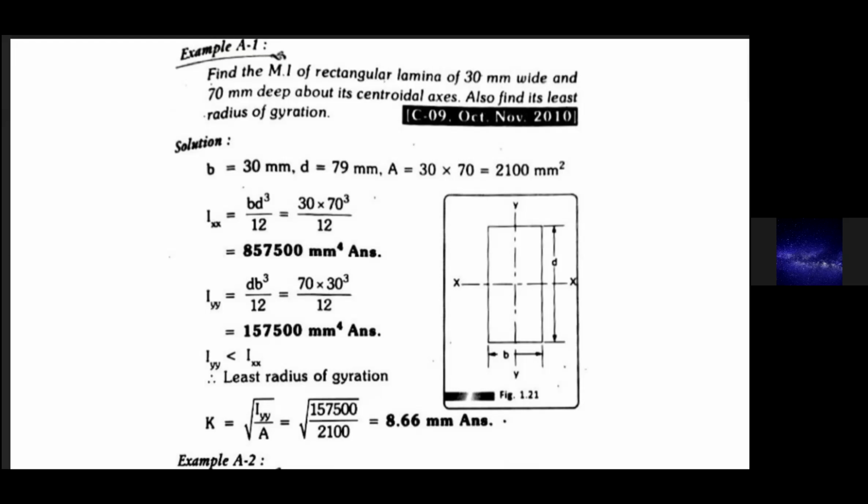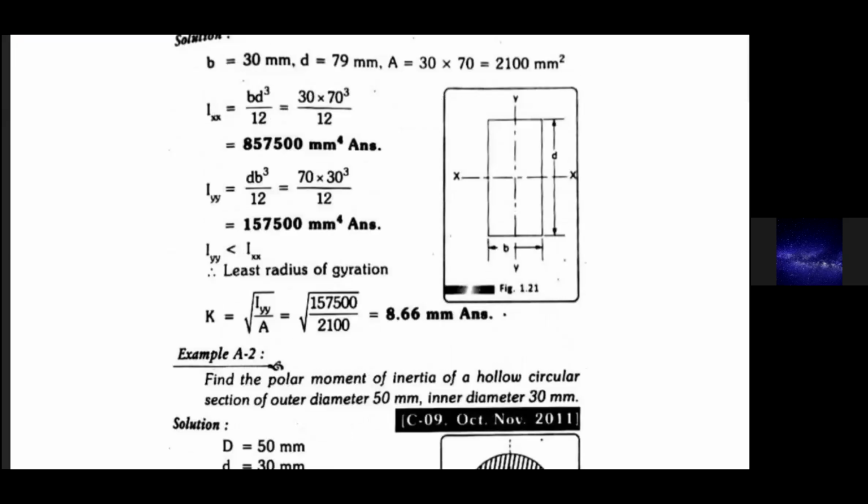So in this, from the above moments of inertia, Iyy is less than Ixx. So the least radius of gyration k is equal to under root Iyy by A. I have to take the least moment of inertia for calculating the least radius of gyration.